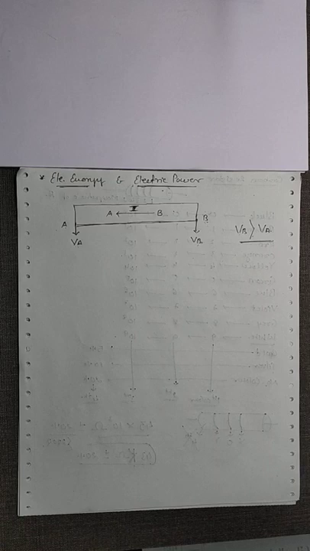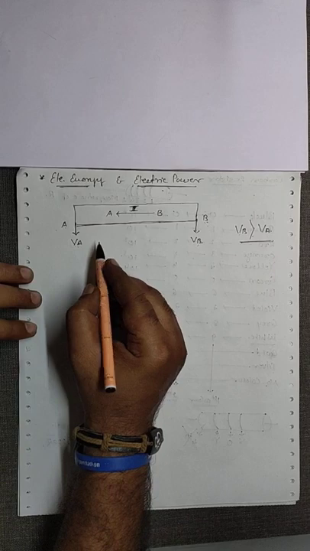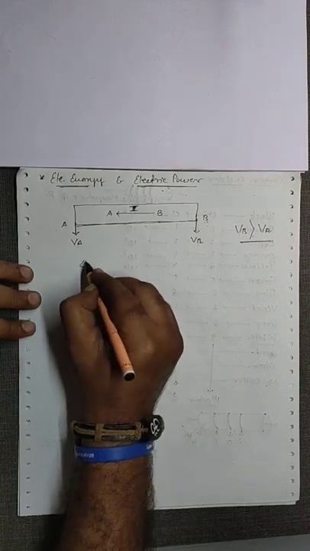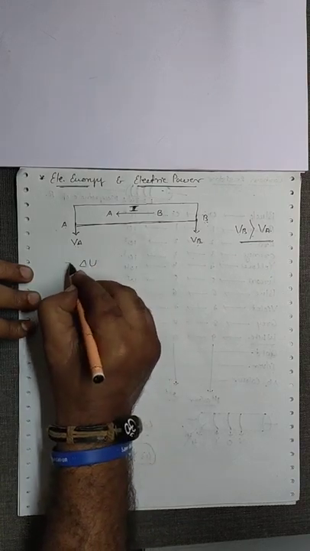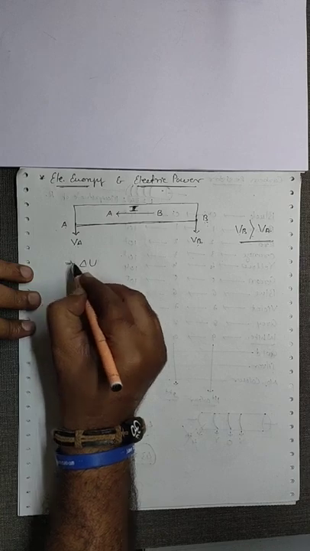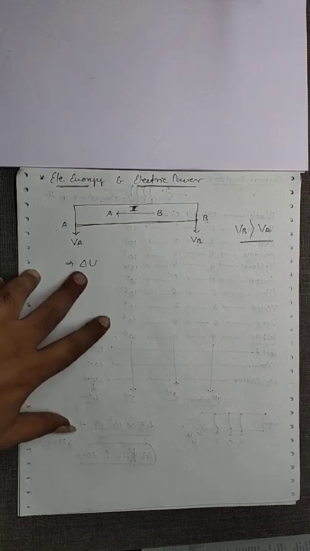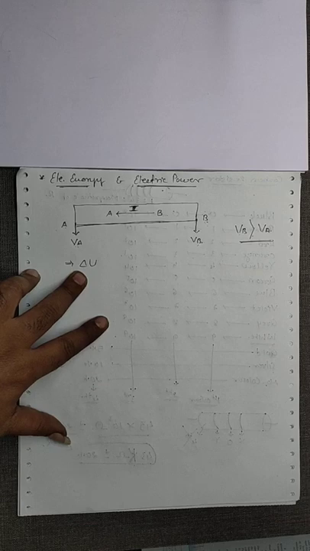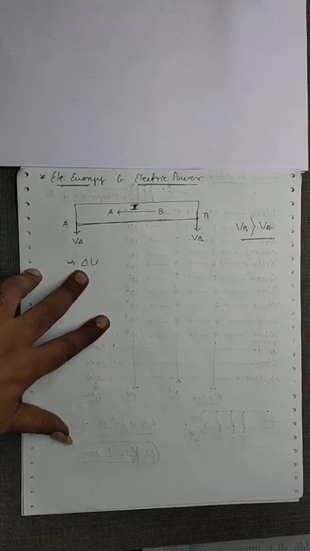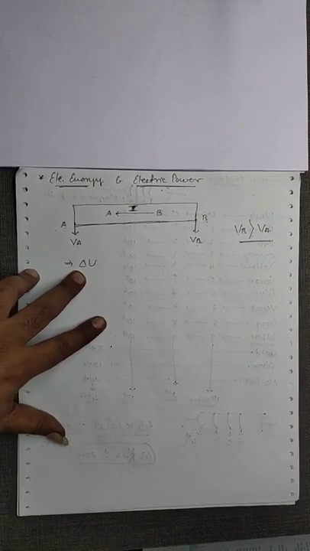what will happen? Then the change in potential energy of the charges is given by delta U. This is the potential energy. What is potential energy? That you know, energy associated with the position of a charge or particle.